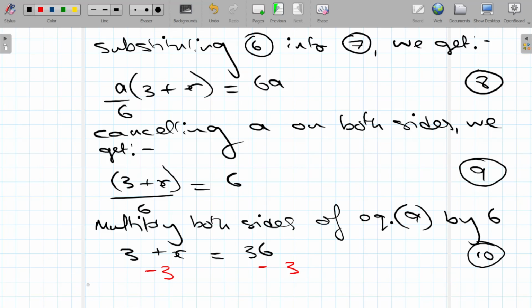Where's a pen? So gives x equal, well, 36 minus 3 is 33. And that is the answer. QED, quod erat demonstrandum. That which needed to be proved has been proved.